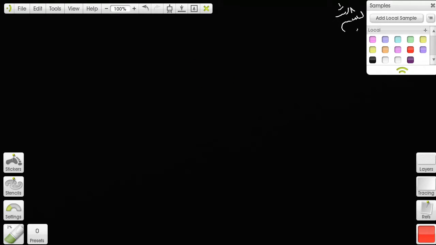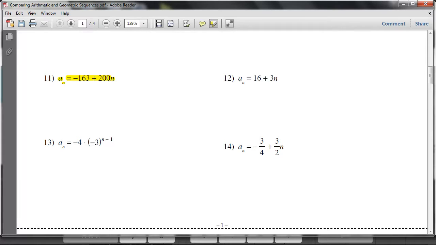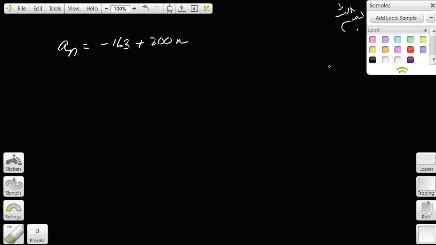Let's write this down: a_n equals negative 163 plus 200 times n. We're supposed to find out if this is an arithmetic or geometric sequence.